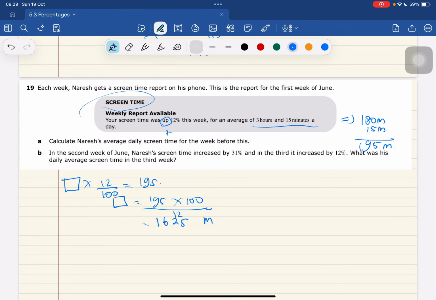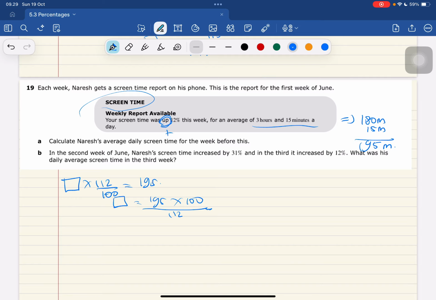Yeah, wait a moment, it is 180 minutes plus 15. So the percentage is not 12, my bad, sorry. It has to be 112 because this is up from the original 100.